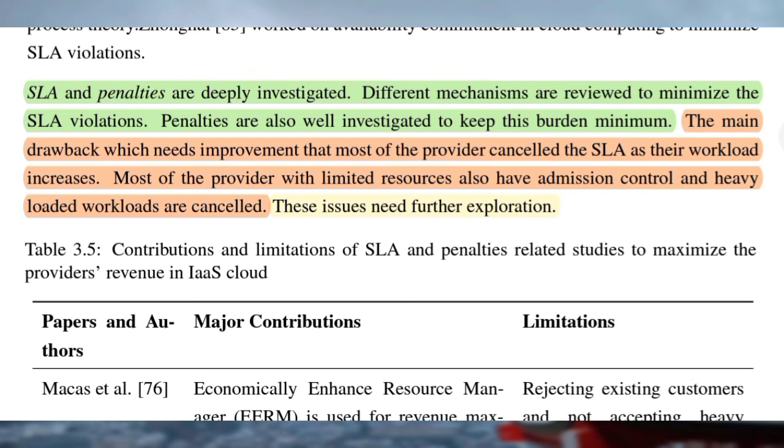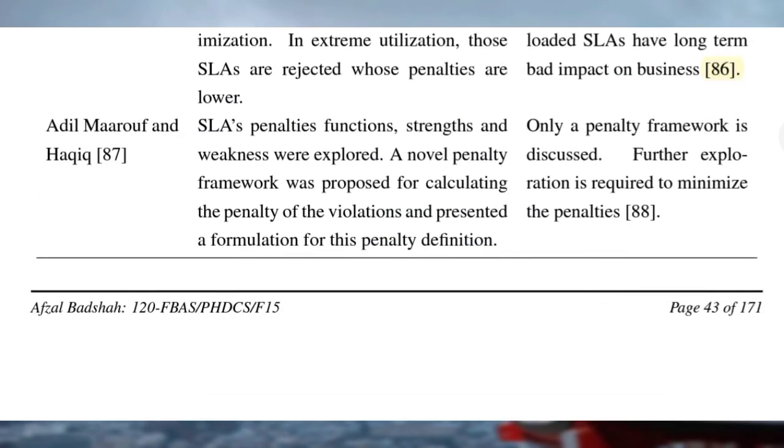Most of the providers with limited resources also have admission control, and heavily loaded workloads are cancelled. This is the main challenge, the main limitation. This is the research gap which needs to be filled. Therefore, these issues need further exploration.